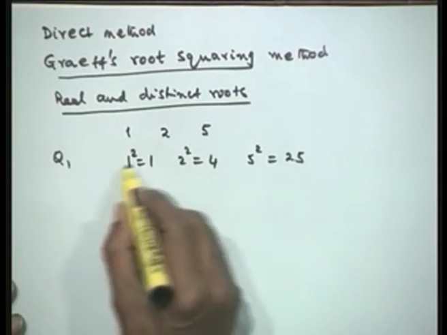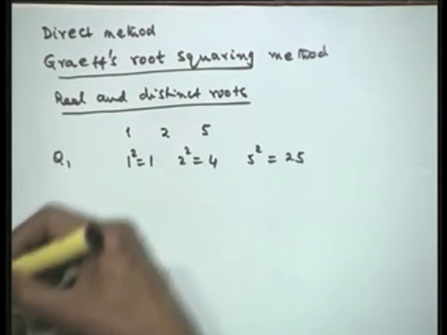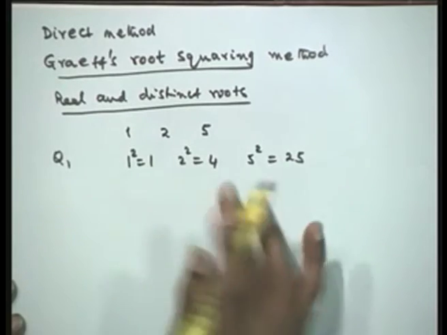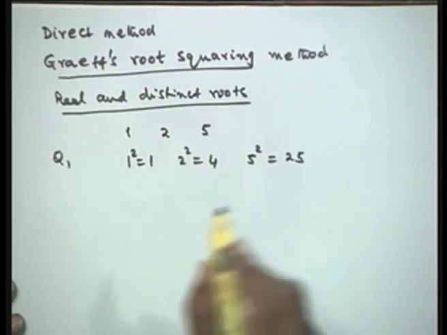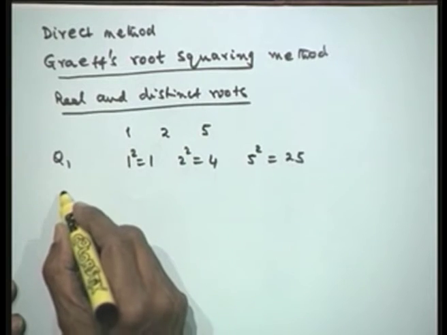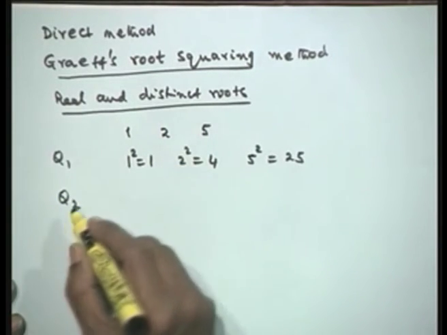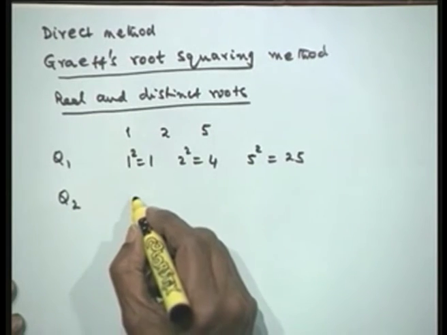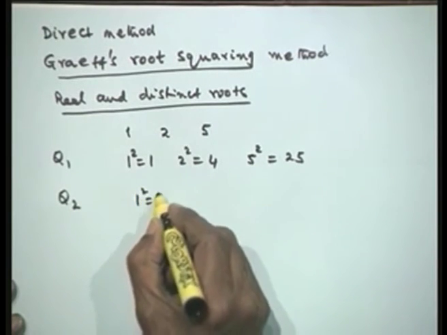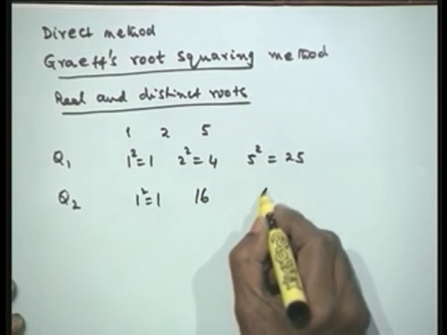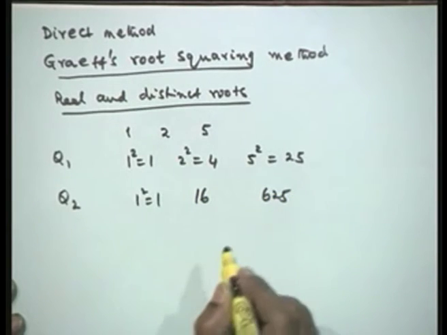We will see that we put a negative sign for each one because of the way we derive it, but essentially you can talk of the magnitude of the squares. Then I will find another polynomial using the same procedure whose roots are squares of the previous ones, that is now 1 squared is 1, 4 squared is 16, 25 squared is 625.